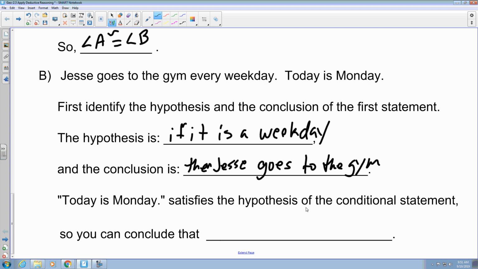Today is Monday, which satisfies the hypothesis of the conditional, so you can conclude that Jesse will go to the gym today.